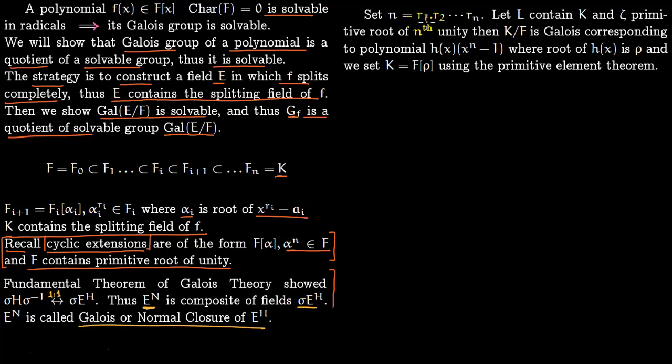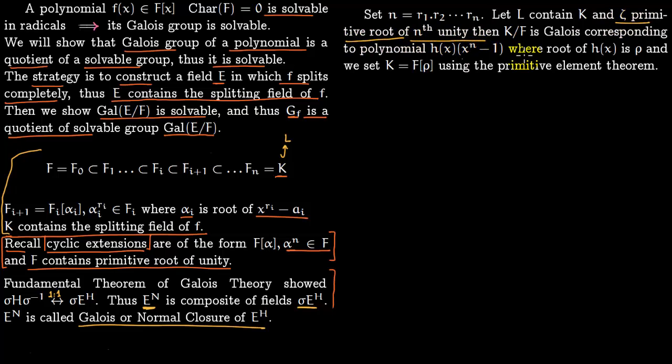So now you set n as r_1 times r_2 all the way to r_n. Because we already have this portion, we have that the polynomial is solvable. So we have this portion. So now you construct this L. This L will contain K, but this will also contain zeta, the primitive nth root of unity.